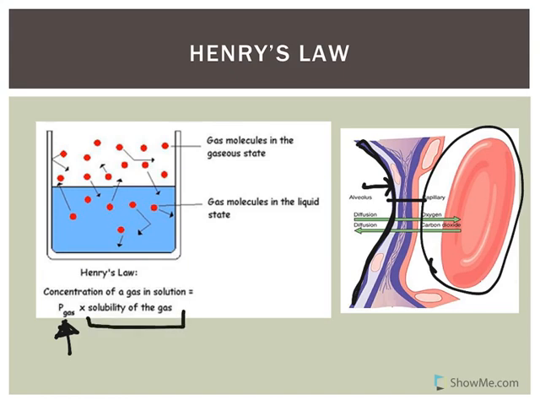The other thing that will influence the amount of gas in solution is how soluble that gas is. If you compare the solubility of oxygen versus CO2, carbon dioxide is much more soluble than oxygen, about 20 times more soluble. Nitrogen is very poorly soluble, but carbon dioxide is more soluble.